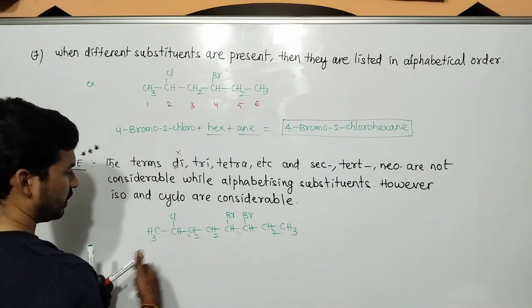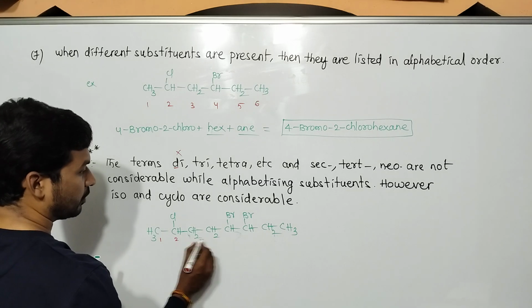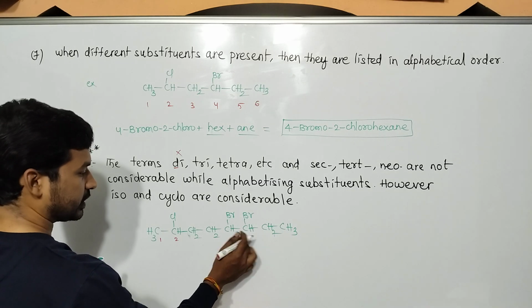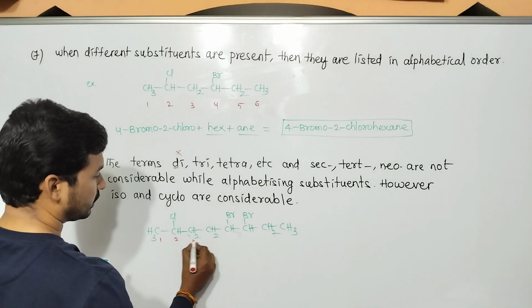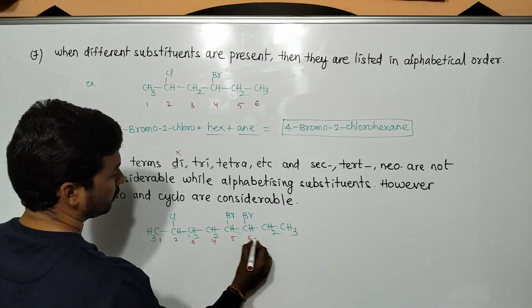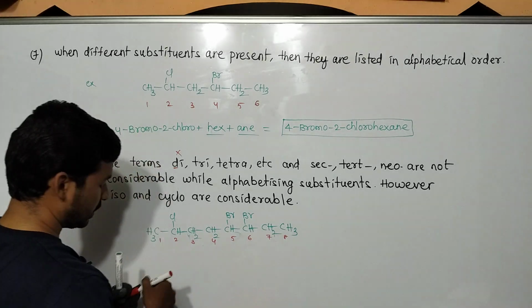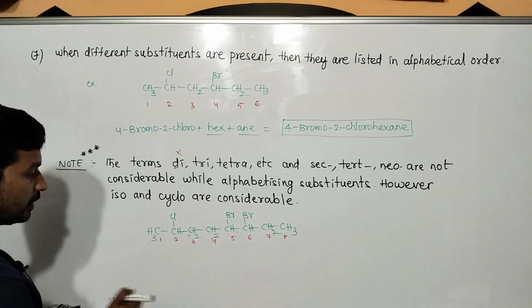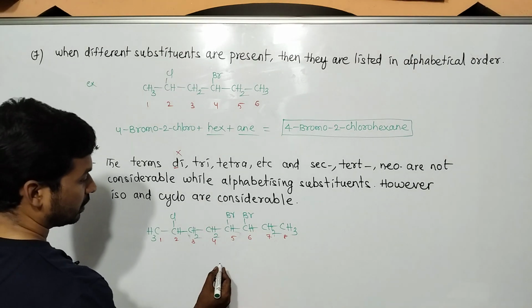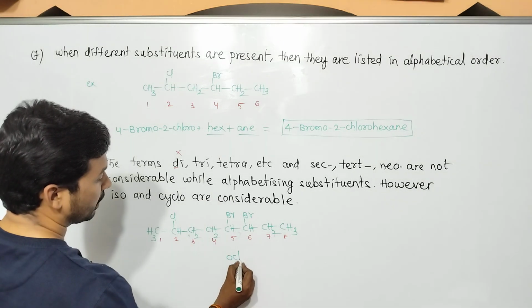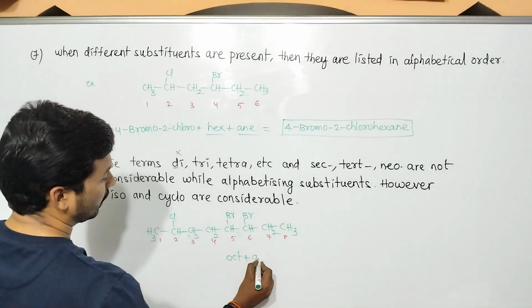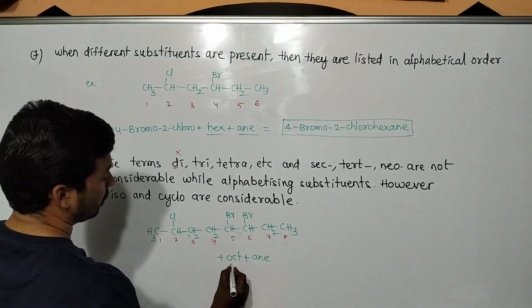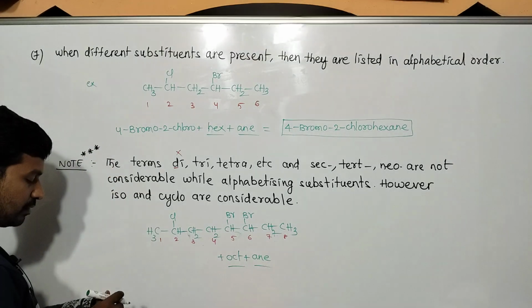Numbering by the first point difference rule. This is the second position, 1, 2, 3. This is the third position. So give numbers like this: 3, 4, 5, 6, 7, 8. Forget about the lowest sum rule, just the first point difference rule. How many carbons? Total 8 carbons. So the root word becomes oct, plus single bonds between carbon atoms, so an. Root word and primary suffix are completed.